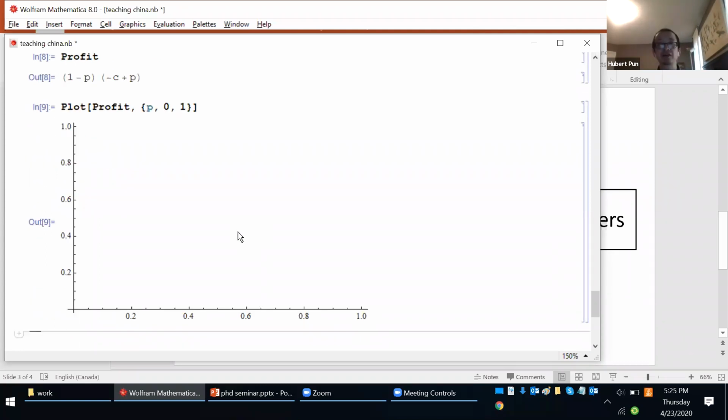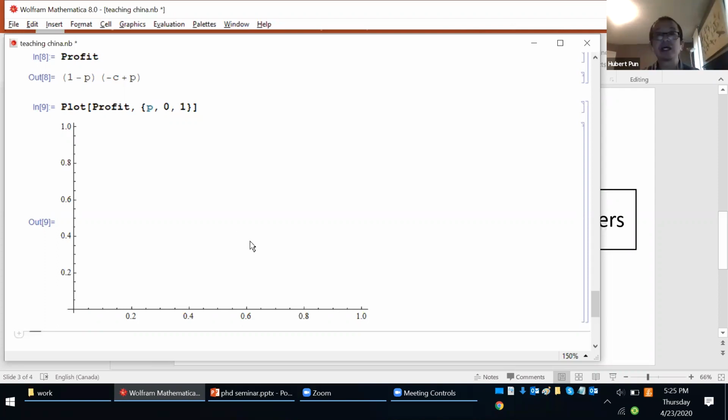The reason I have a blank is because Mathematica does not know what is the value of C. In the past, when C is equal to 0 or C is equal to 0.1, then it is possible to plot the graph. But right now, we have C as a variable, so Mathematica does not know the value of C. So therefore, it is not reasonable to plot the profit.